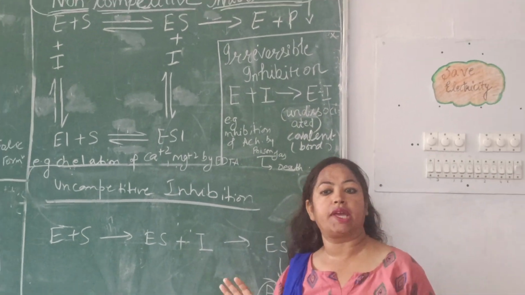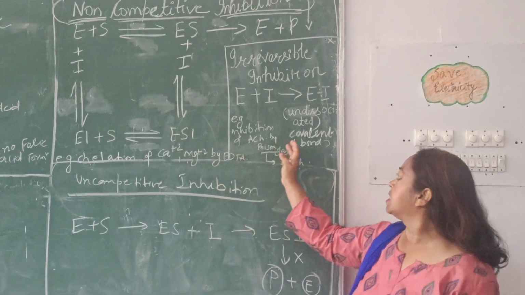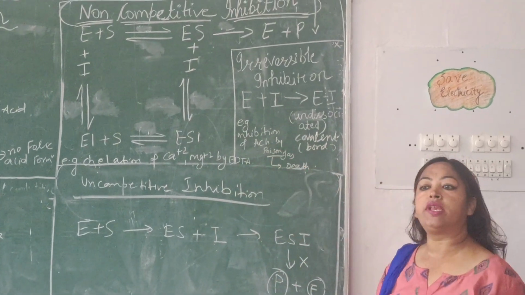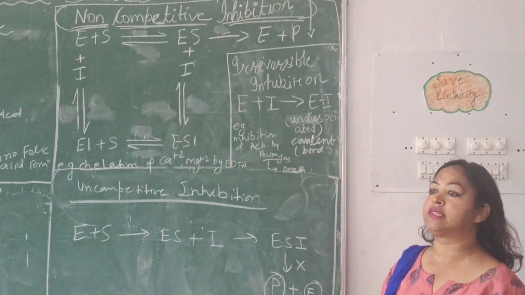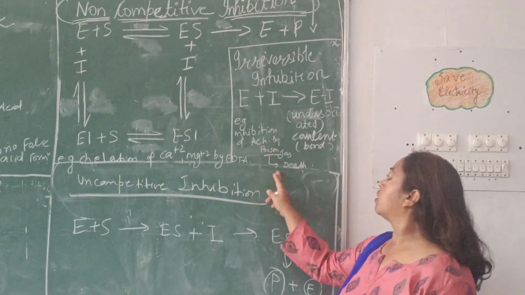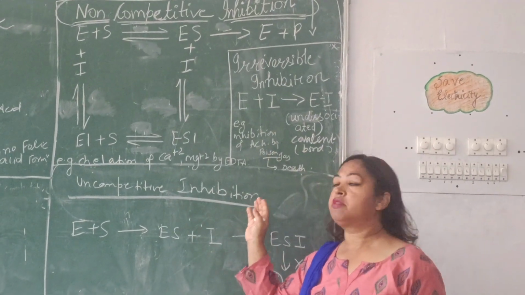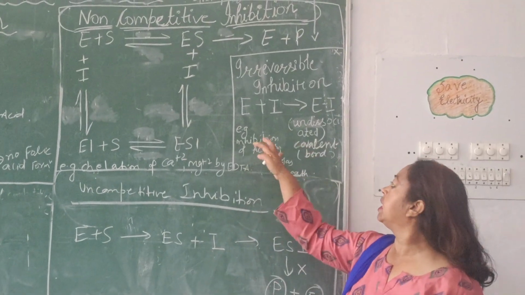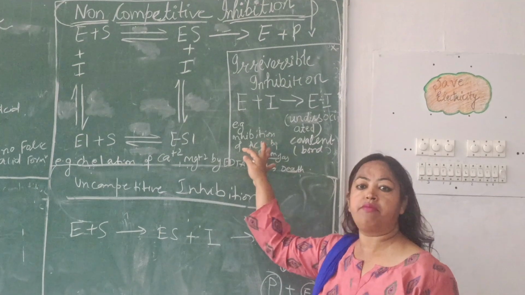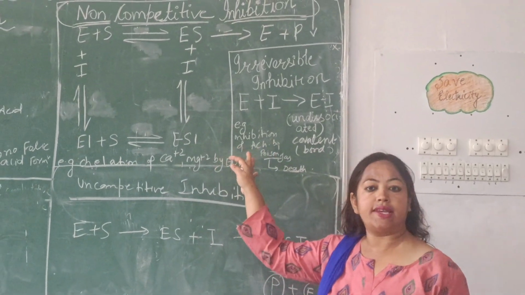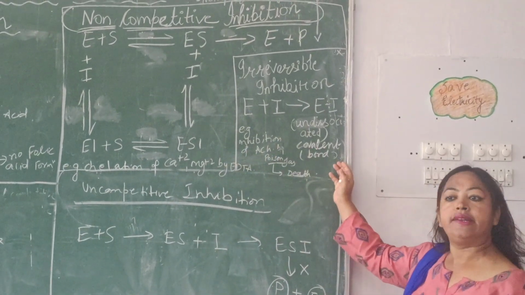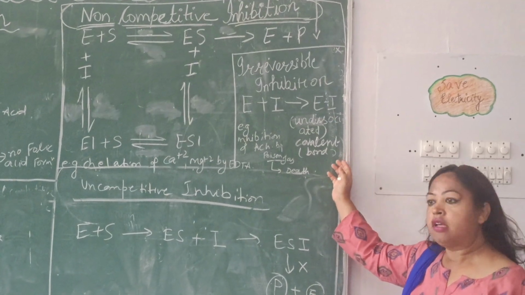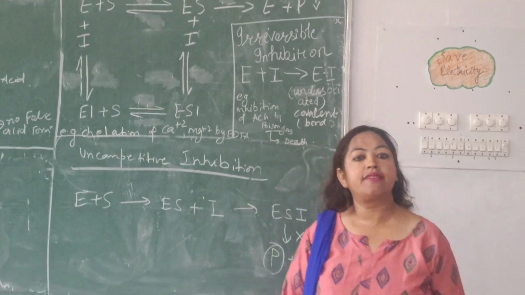It will not break. An example is inhibition of acetylcholine esterase by a poisonous gas, which will cause the death of a person because this poisonous gas will bind irreversibly to the enzyme acetylcholine esterase. Thank you so much for listening carefully.